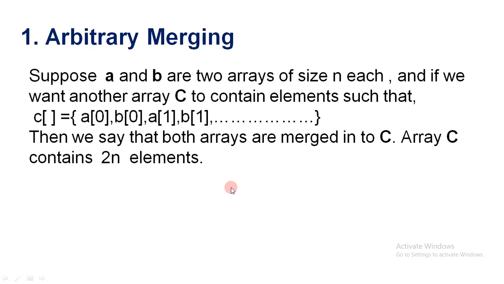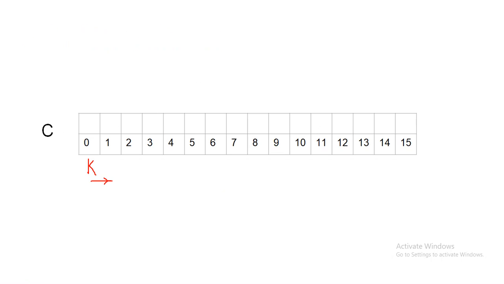Like this, one element each is taken from A and B progressively, and they are placed in the array C progressively, while C consists of 2n elements, that is the sum of n elements of A and B.